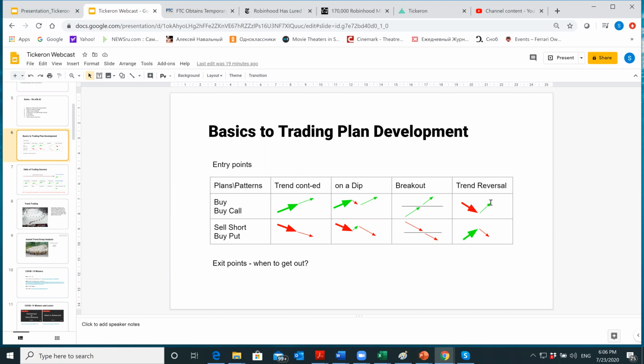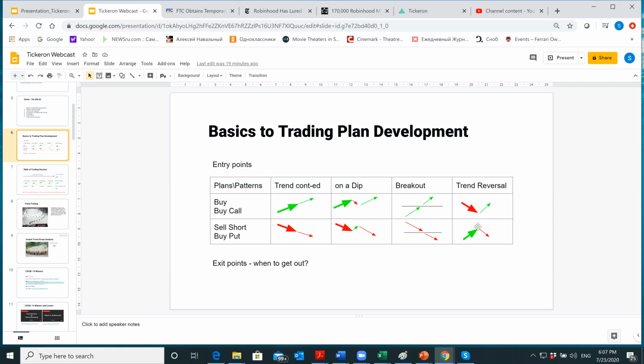Okay. Why? Because when the trend is going down, it typically goes down. That's the whole point of the trend going down. To find this particular point is very dangerous. Most people, 90% of people, lose money right at this moment. Okay. If you want to sell short, it's trend continued, on the dip, on the breakout, and reversal.